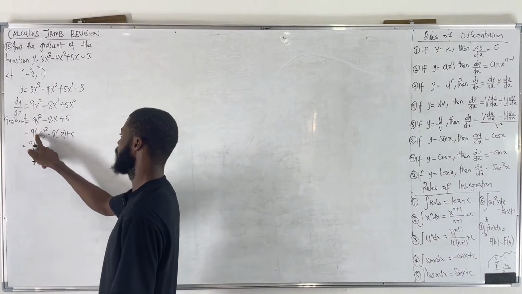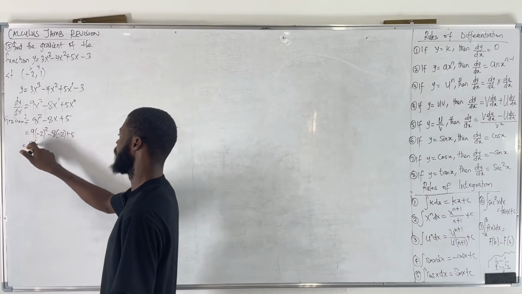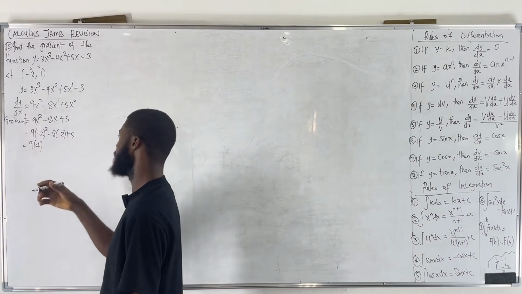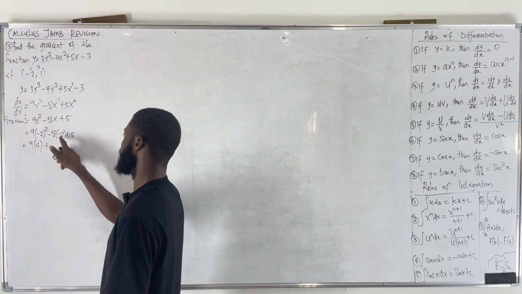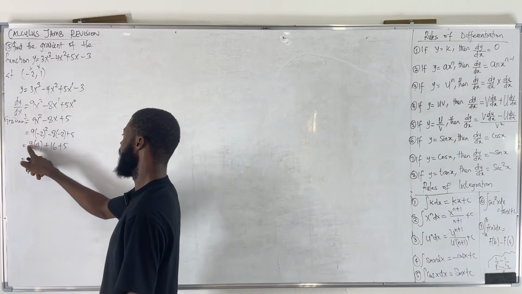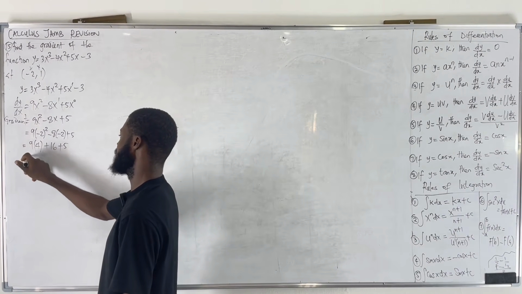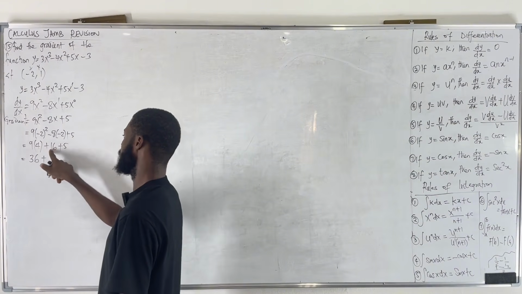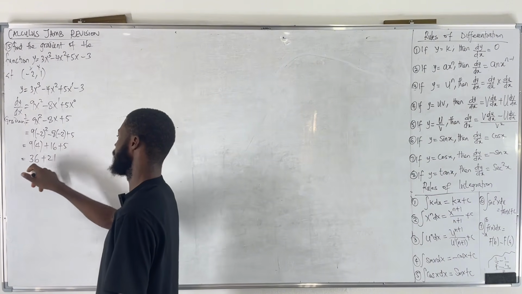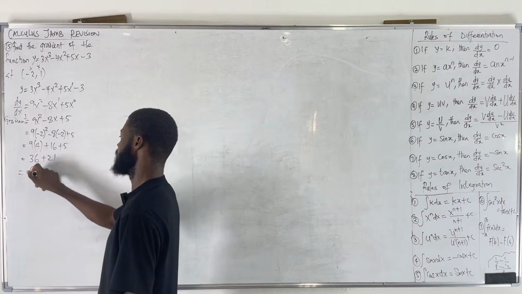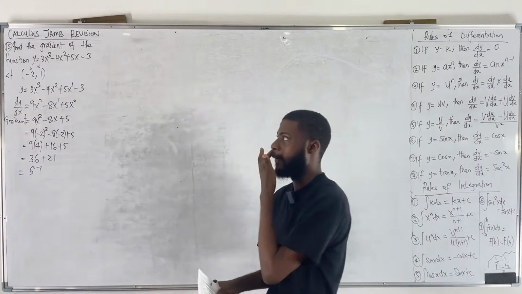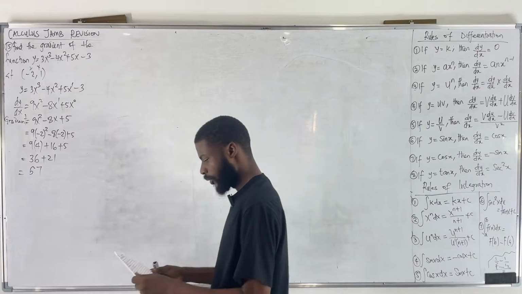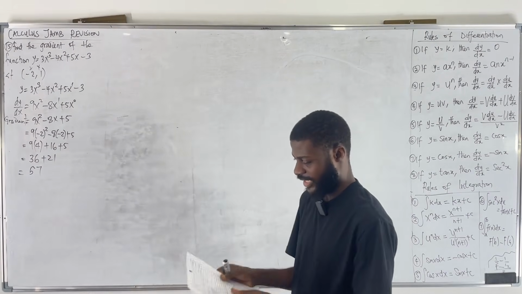Minus 2 squared is 4, because that's minus 2 times minus 2, and minus times minus is plus. 8 times 2 is 16, and then plus 5. 9 times 4 is 36, and 16 plus 5 is 21. So this will give us 57. So that will be the gradient. The gradient is 57. Okay, so that was a nice one.